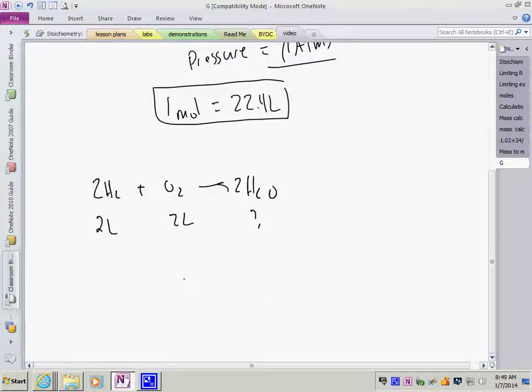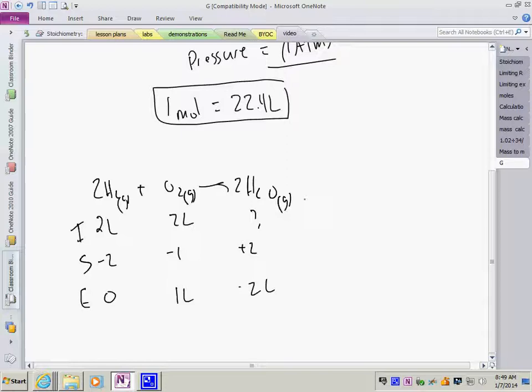Well, in mass, I can't do this. But in volume, I can, because every particle acts the same. I have equal quantities. This is the limiting reactant. Therefore, this is my initial. My stoichiometric ratio will be -2, -1, +2, and this will be in the end down to 0. This will be 1, and this will be 2 liters. Everything would have to be in liters. Everything would have to be gases. You couldn't have a liquid or a solid. This only works with gases.